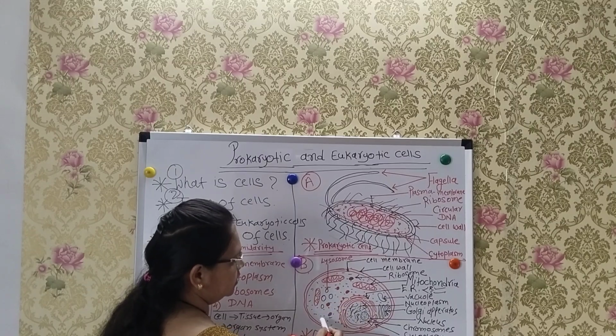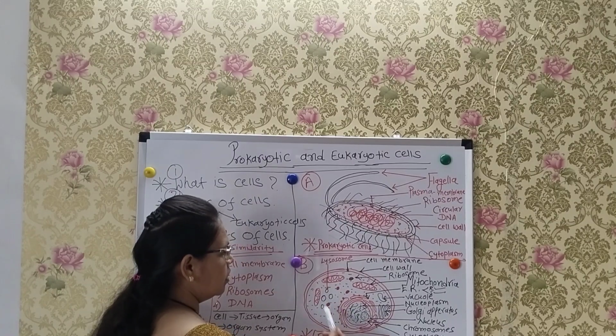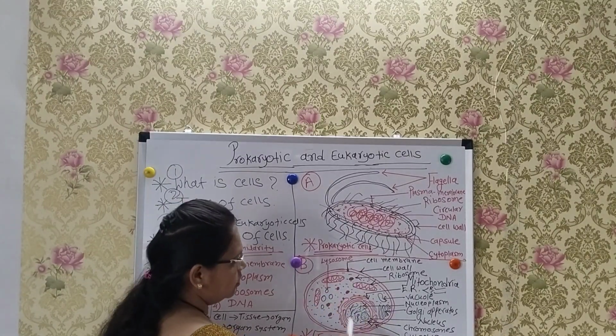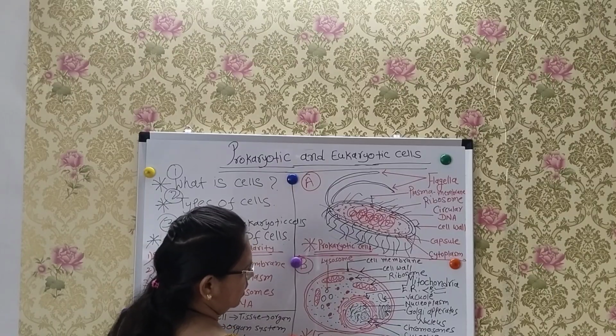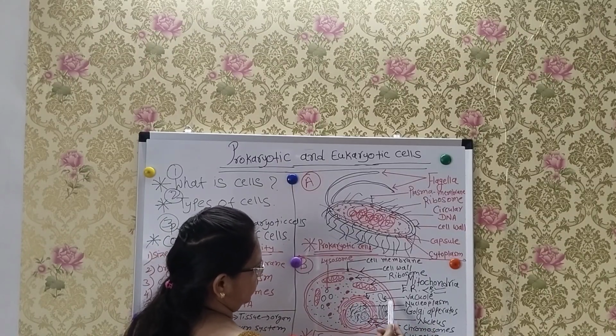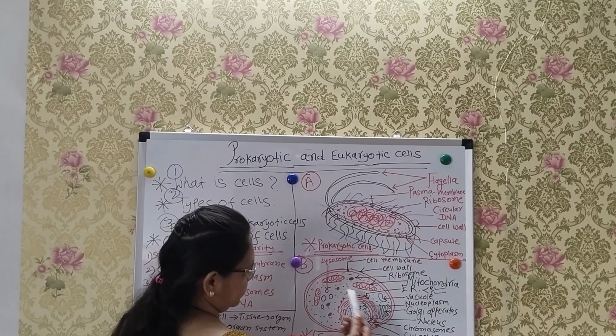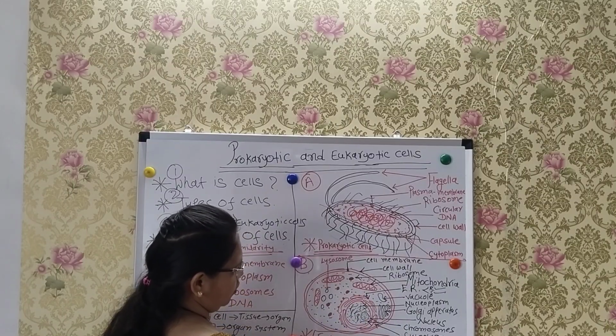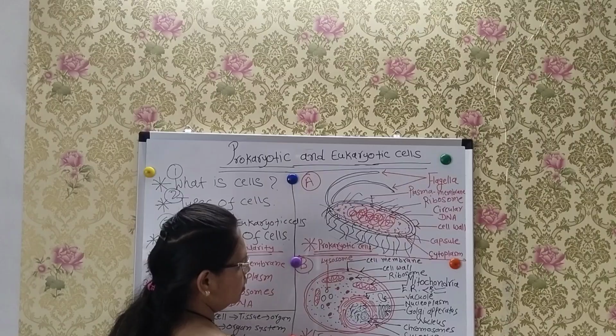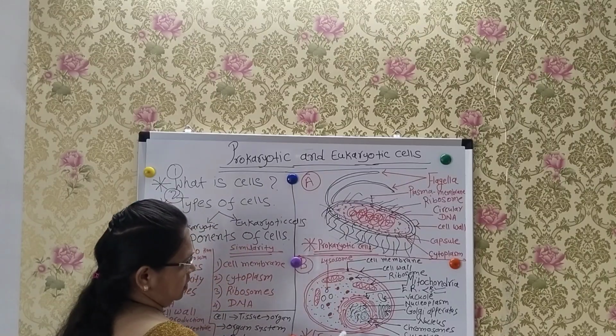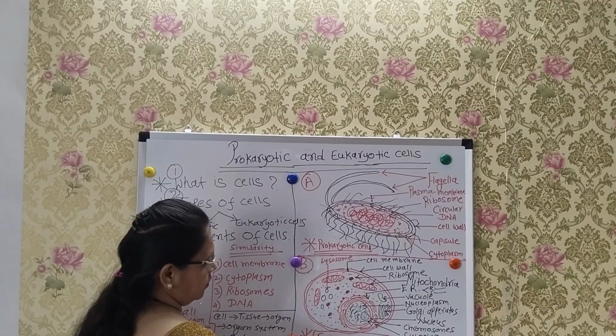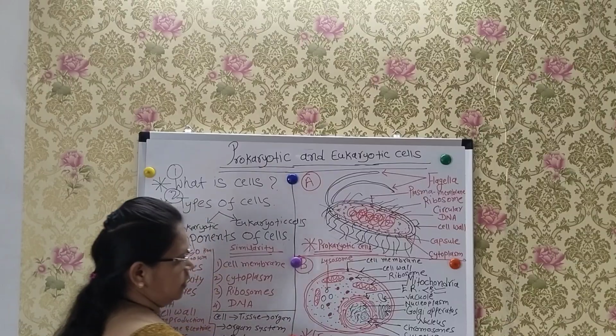We call that cytoplasm, and all components are found in the cytoplasm. Also here in eukaryotic cells, the Golgi body is found in the cytoplasm. So these components are found in eukaryotic cells.